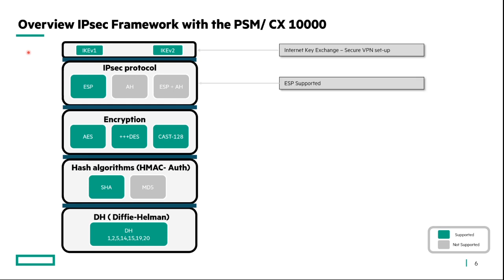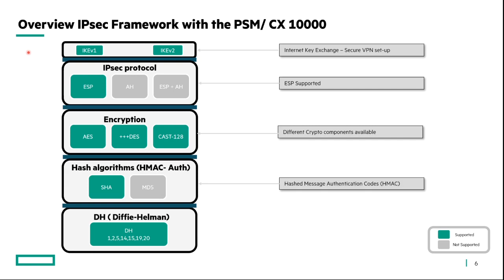Then we have the IPsec protocols themselves. For ESP, support is mandatory, and that's what's supported for the PSM and the CX 10,000 combination. Different encryption standards are supported with variable options like AES, triple DES and CAST 128, along with hash algorithms supported with SHA, the secure hashing algorithm, with options for SHA-256, 384 and 512.